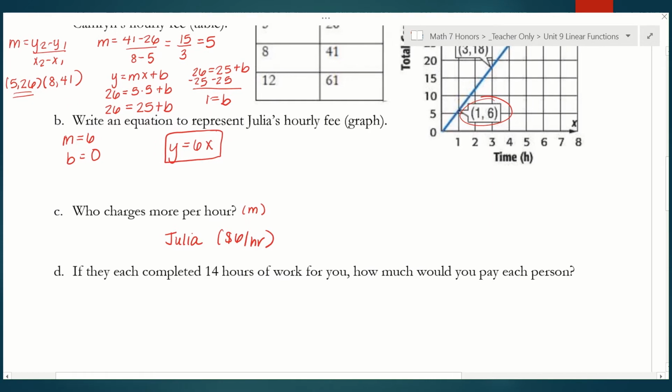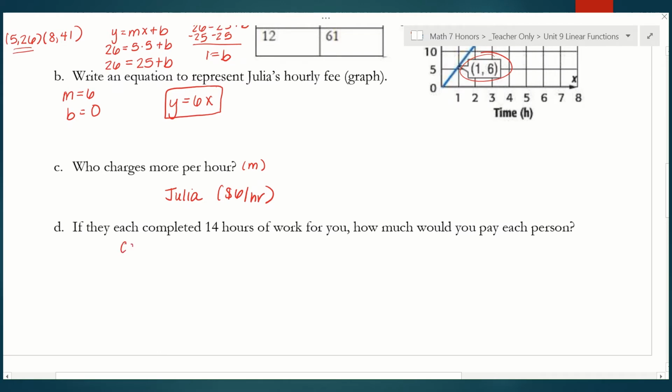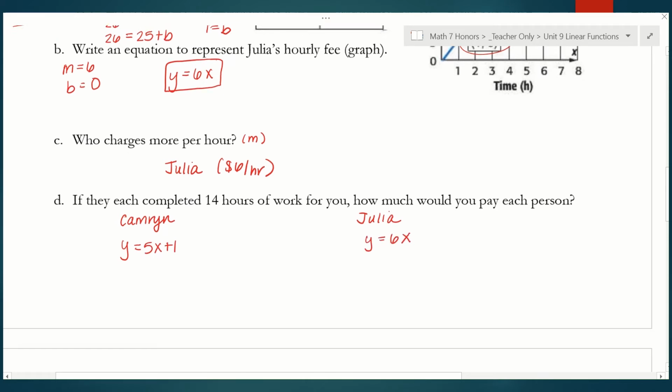Part D, if they each completed 14 hours of work for you, how much would you pay each person? So we're going to have Cameron versus Julia. Cameron, we said, was 5x plus 1. Julia, we said, was 6x.